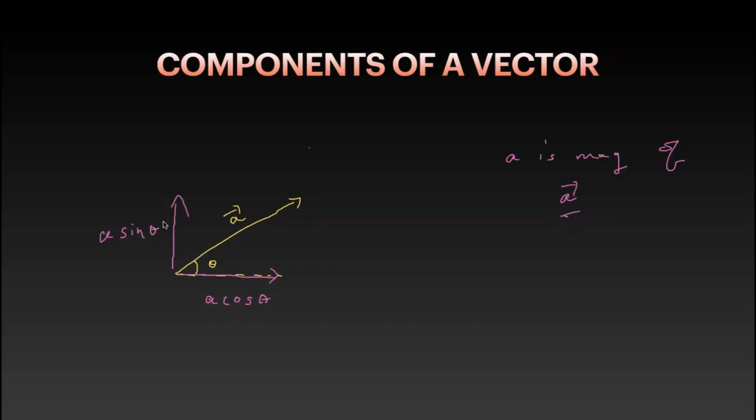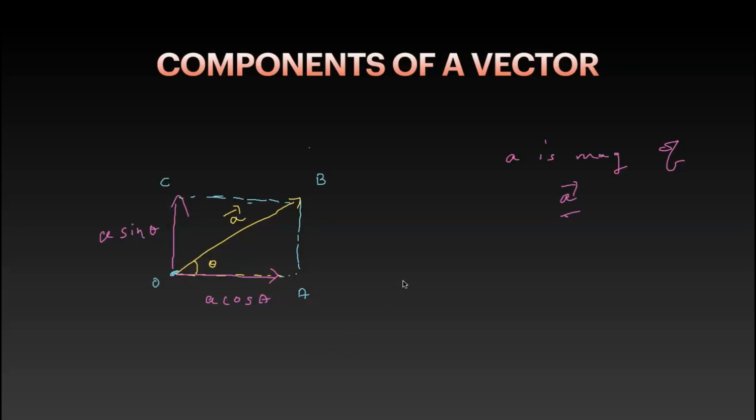Now, how did we get this? I will show it to you. I'll do a small derivation. What I will do, I will form a triangle. I'll complete this triangle. Assume this is O, this is A, this is B, and this is C.